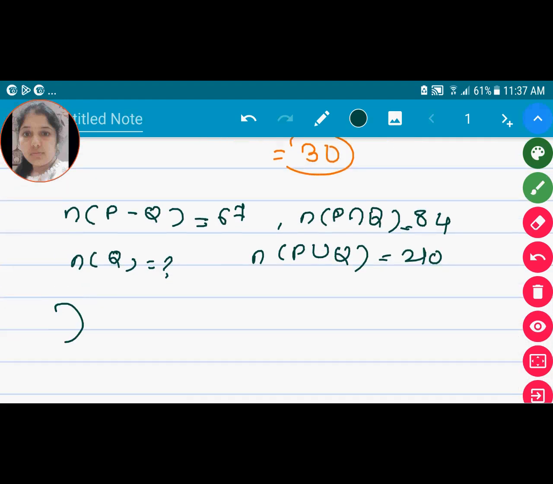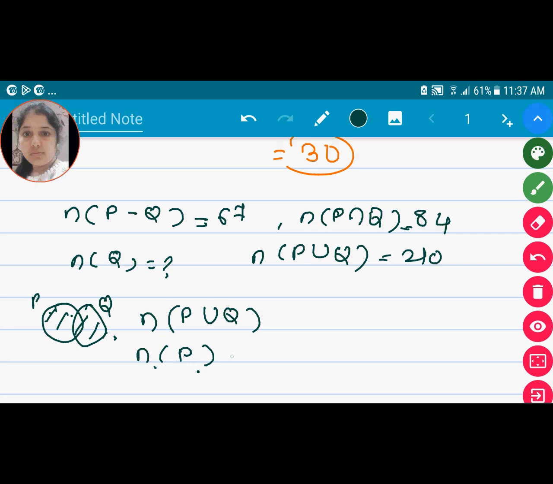Now these are the two sets, P and Q. So this whole is P union Q. When I say P minus Q, what does it mean?